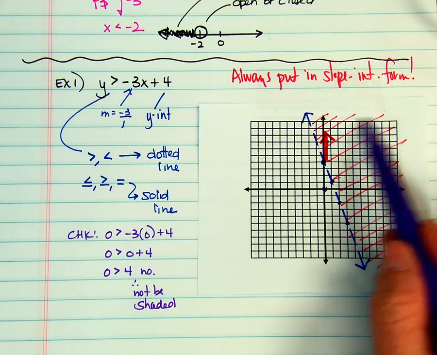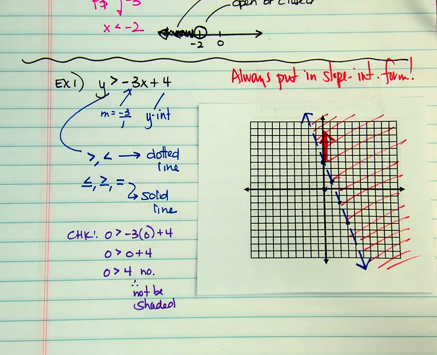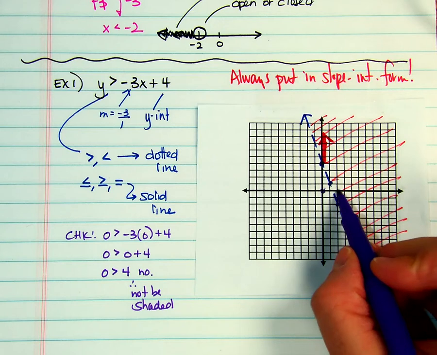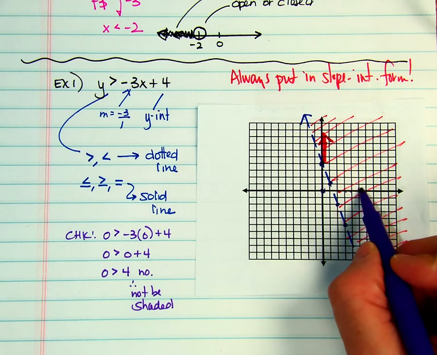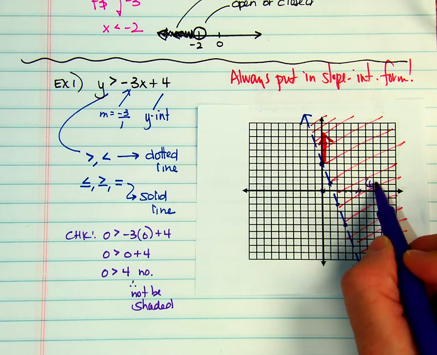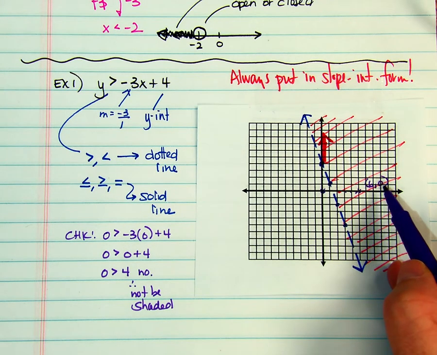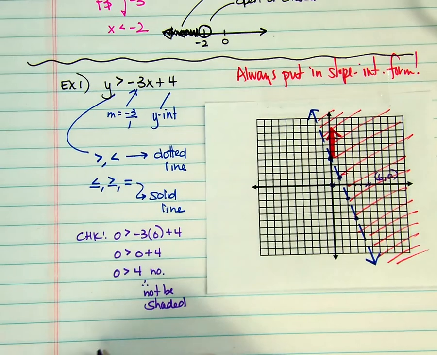Let's pick an ordered pair up here that is in the shaded. So I'm going to pick something that is clearly in the shaded. Let's do 1, 2, 3, 4, 5, 6. So this would be the ordered pair of 6, 0. So this should be a true statement because this point is in the shaded part.